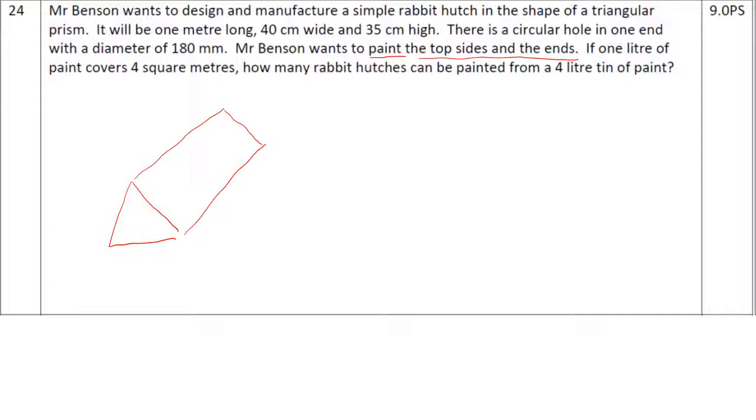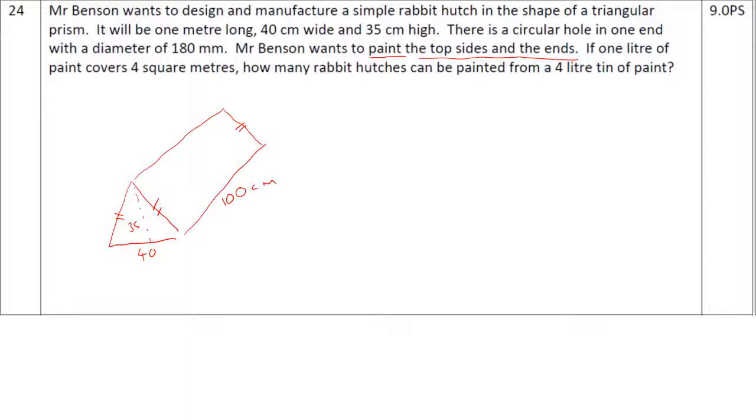So it's 1 meter long, that is 100 centimeters on that side. It is 40 centimeters wide and 35 centimeters high. So we've got 40 centimeters and we've got 35 centimeters there. Now what that means is I haven't actually told you the width of these sides, so we've got to use Pythagoras for that.